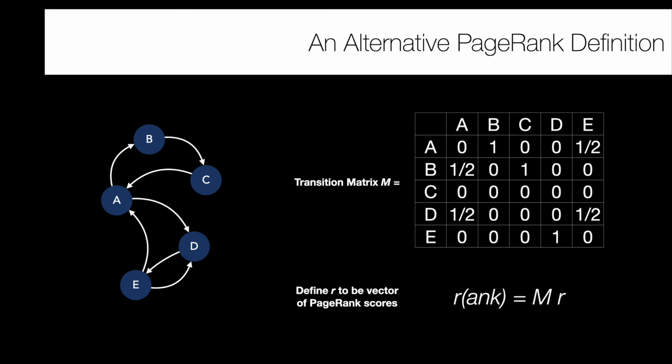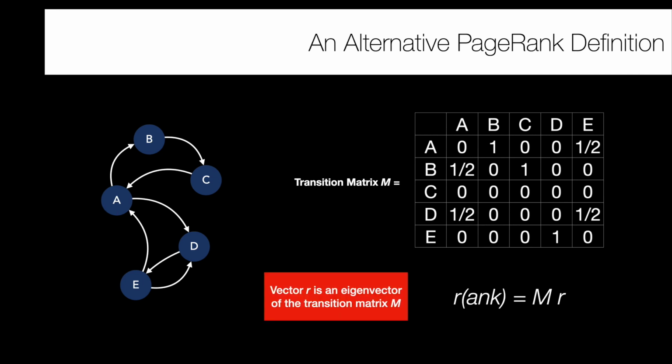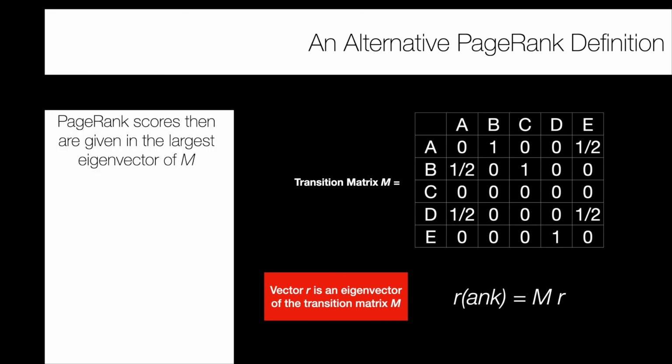And we see this rank column vector R actually equals this transition matrix, stochastic adjacency matrix M, times this column vector R. Now, if you are sufficiently familiar with your linear algebra, you could see that this vector R actually is an eigenvector of this transition matrix M. So we have this lambda R equals M times R, where lambda here in this particular case is 1, which means that we can evaluate these PageRank scores by looking for the largest eigenvector of M.